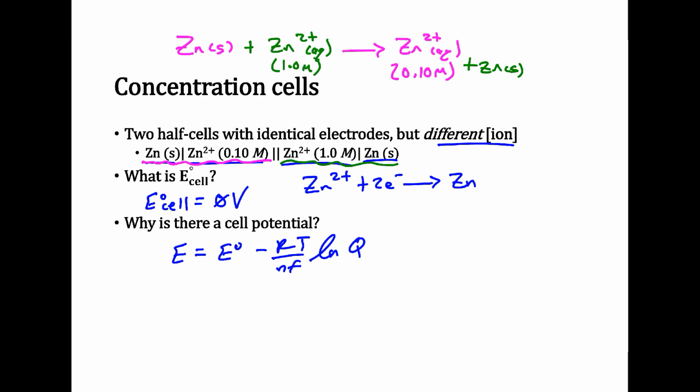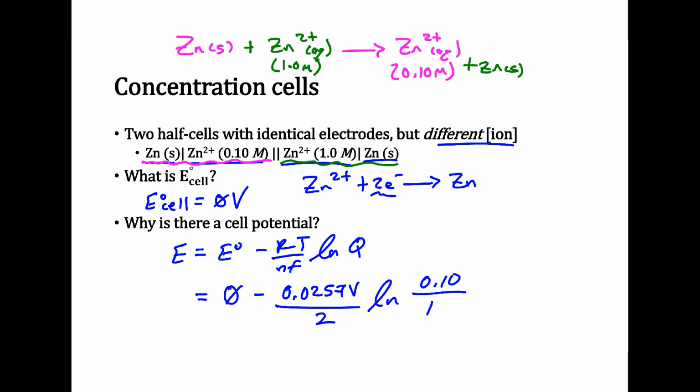So if you were to set up Q for this case, your reaction quotient, we'll have 0 minus 0.0257 volts over how many moles of electrons? Well, 2. The natural log, now we have products over reactants. So we have 0.10 over 1.